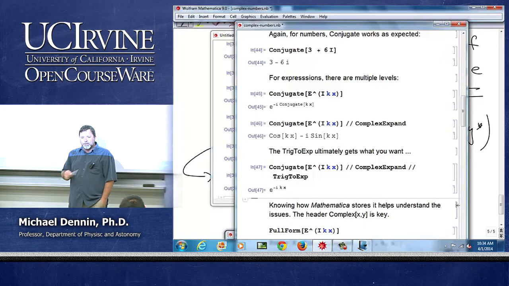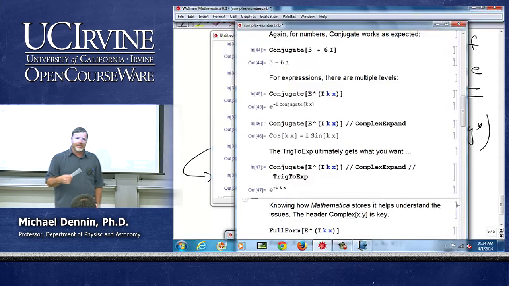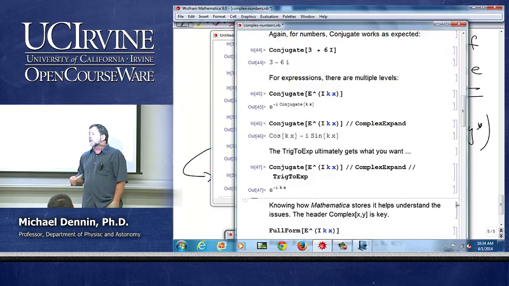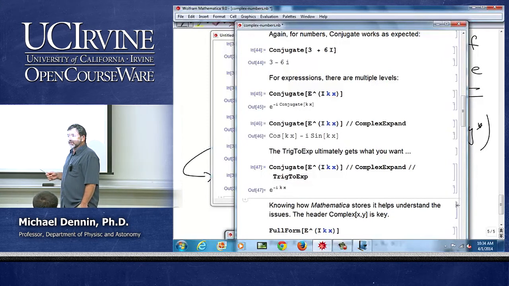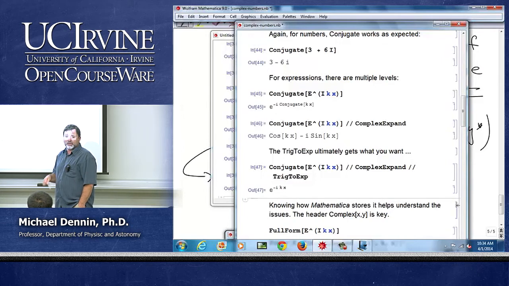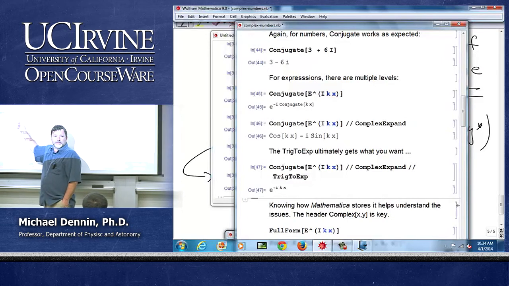And that's why I say this is the one example where dealing with complex numbers as functions, you do occasionally have to do more work in Mathematica than you would if you were doing it by hand for simple things. As soon as your problem becomes sufficiently complex, this doesn't change much, right?